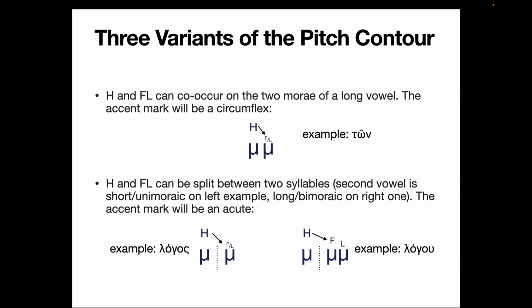But if that second syllable has a long vowel in it, like in logou, then you see that the falling to low tone is spread over both of the morae of that long vowel. So that's kind of all you need to know. There's not a lot of complexity here. High tone on one mora, the very next mora begins the falling to low, and it will run through that whole vowel. So if the vowel happens to be long, it'll be spread over the two morae.